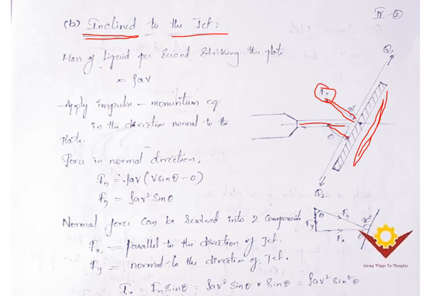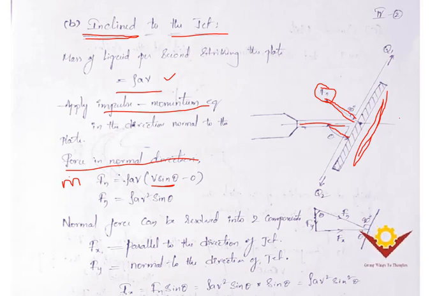The mass of liquid per second striking the plate is rho a v. We know that from applying the impulse momentum equation, the force in the normal direction is m dot into the velocity before striking the plate.